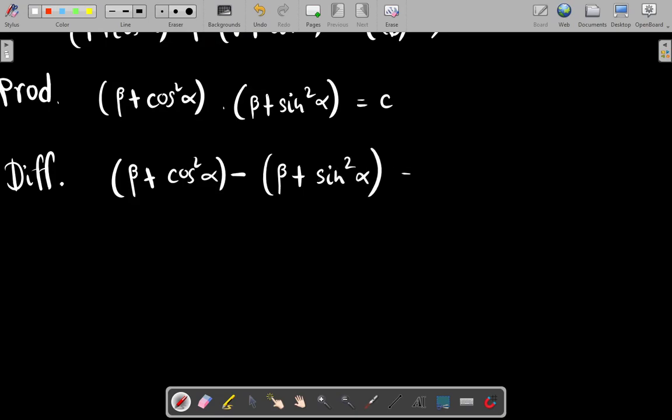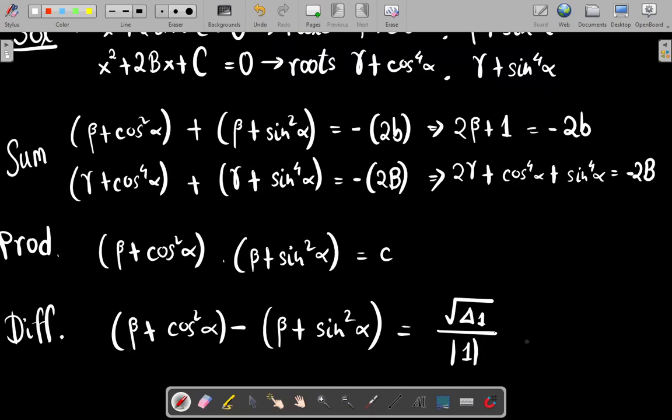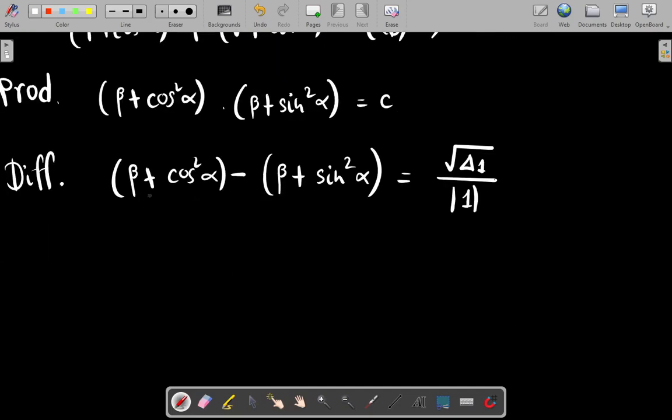This will be equal to the square root of the discriminant of the first equation upon the modulus of the coefficient of x square. Here the coefficient of x square is 1, so the modulus and the normal value are identical. Basically, this formula is square root of delta upon mod a.